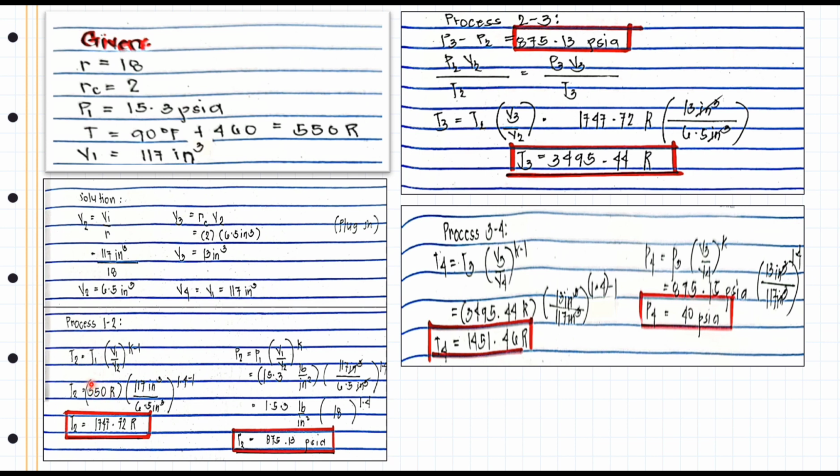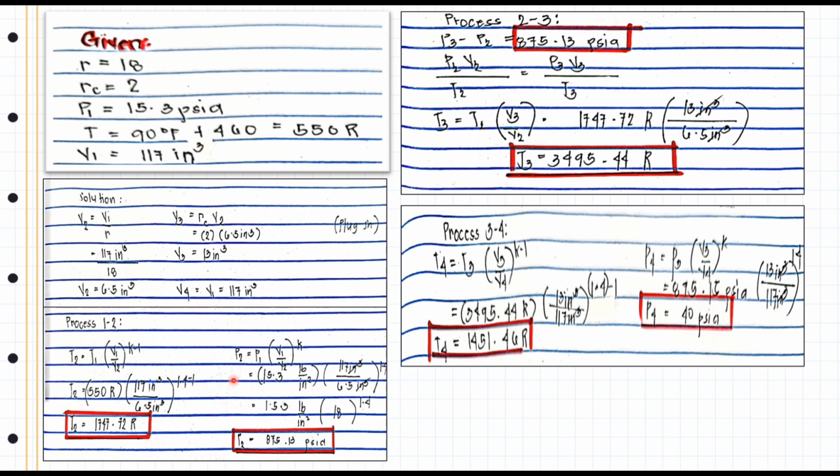Process 1-2, isentropic compression of an ideal gas with constant specific heats. So we have T2 is equal to T1 times V1 over V2 raised to k minus 1. So we have T2 is equal to 550 Rankine times 117 cubic inches over 6.5 cubic inches raised to 1.4 minus 1. So our T2 is equal to 1747.72 Rankine.